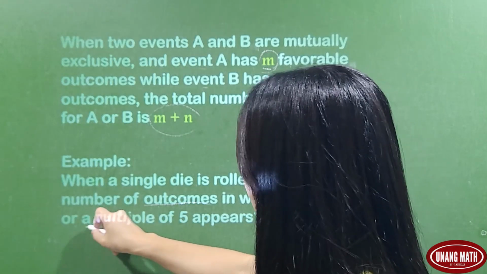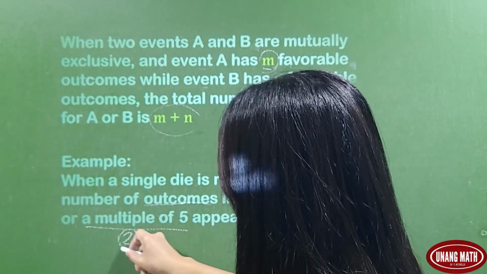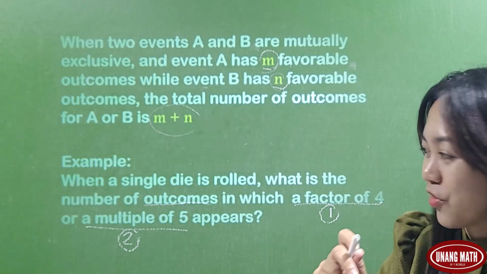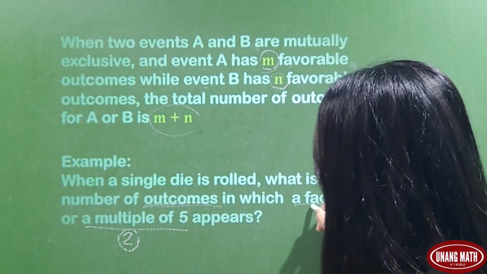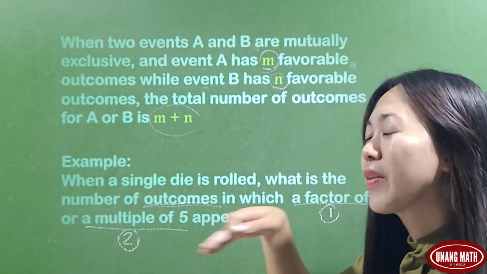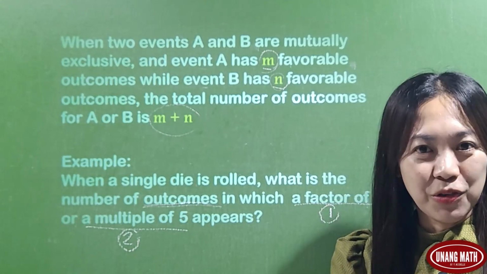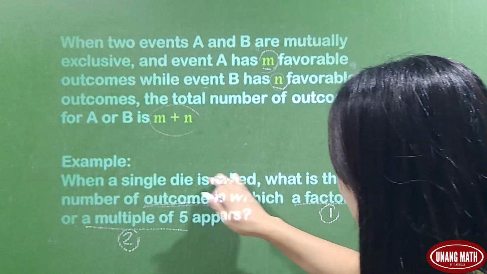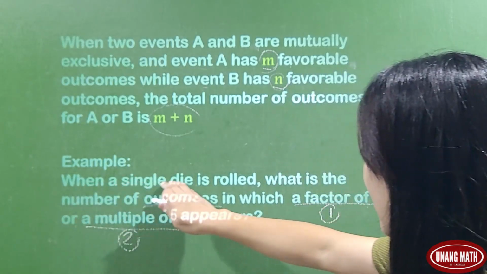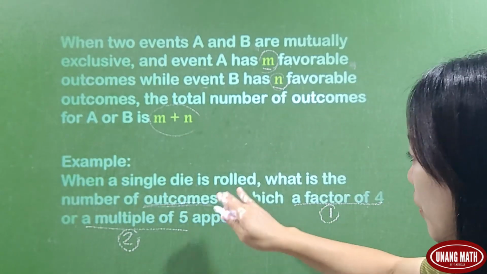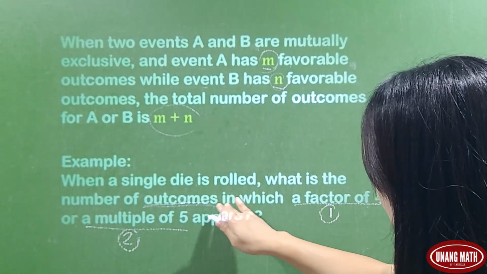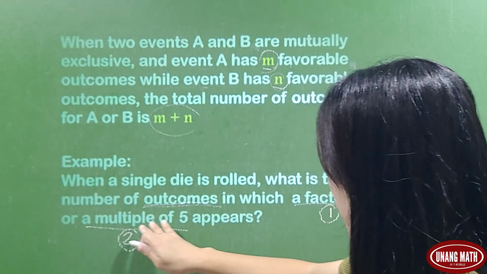Multiple of 5, this is now our second event or our second condition. So outcomes and then there are events. It means we're looking for the favorable outcomes.